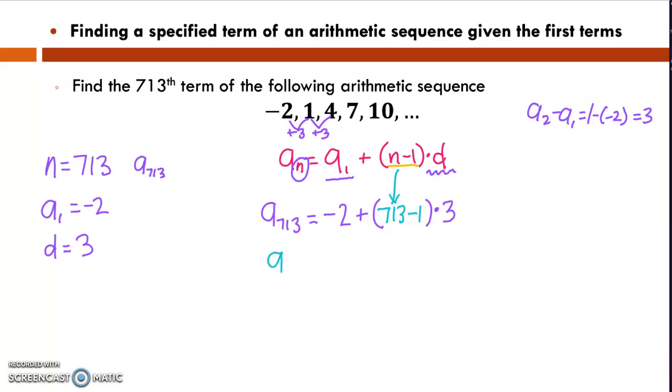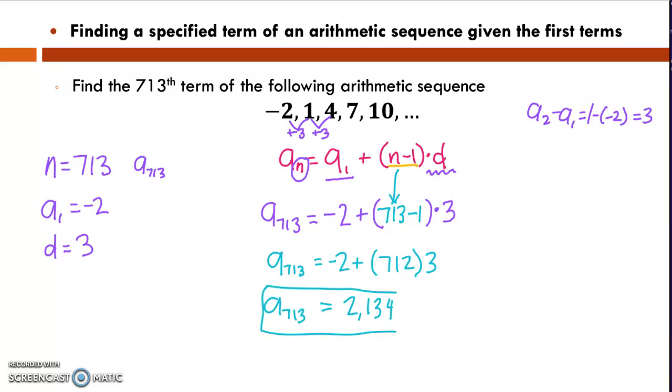So I get that the 713th term is going to equal negative 2 plus 712 times 3. After I do that multiplication and then add negative 2, I get that my 713th term is 2,134. Much quicker than adding 3 that many times.